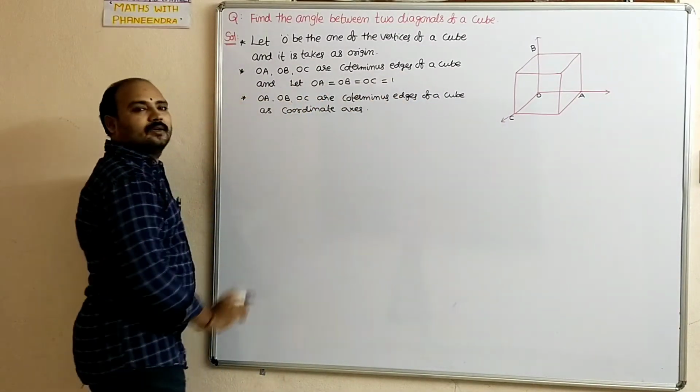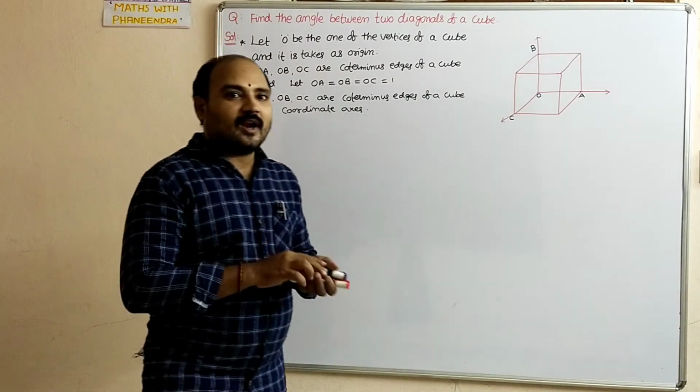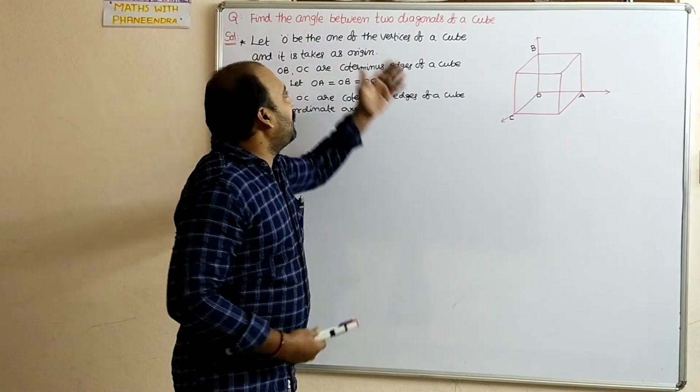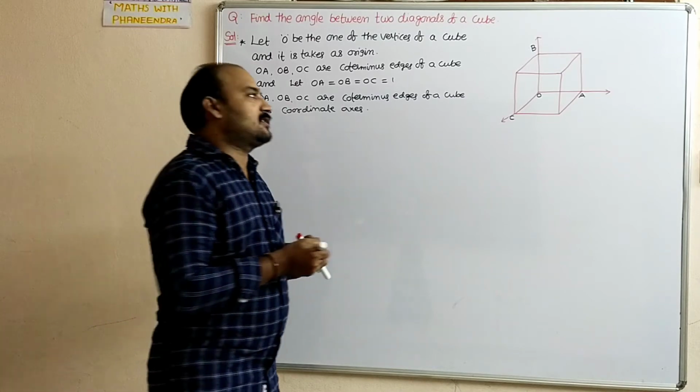We are assuming that. After that, one more important point. They are asking to calculate the angle between two diagonals of a cube. First, we will find out what the diagonals are.